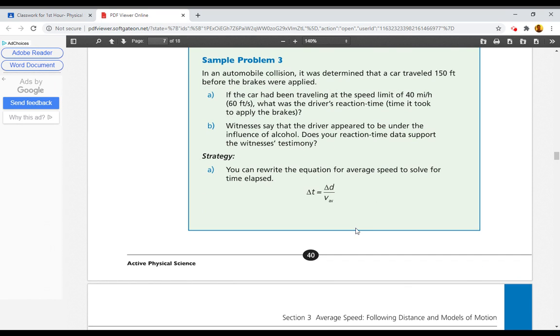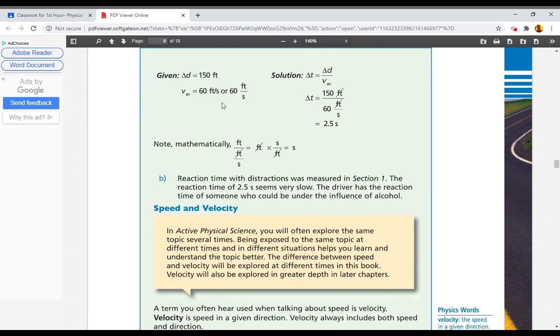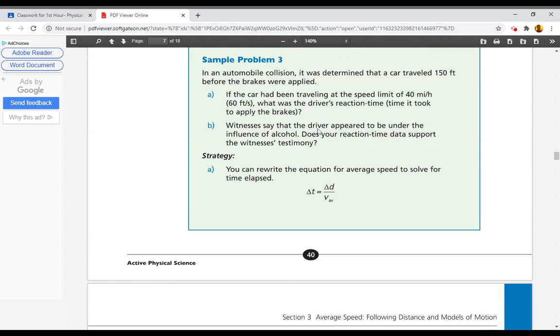So let's see what's going on here. Why are they saying 60? I thought it was 40. Hold on, let me scroll back up here. Oh, okay, here it is, 60 feet per second. We need to keep our units the same. They have 150 feet, that's why we have to use feet per second. Feet and feet per second.